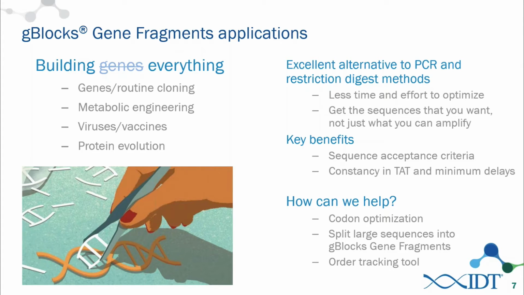So we can do things like codon optimization. We can split large constructs into individual gBlocks that can be assembled using a variety of different methods, including many of the isothermal assembly methods, like Gibson assembly, SLIC, Golden Gate, any of these types of methods. And we can help track orders and make the arrival of those orders as predictable as possible.